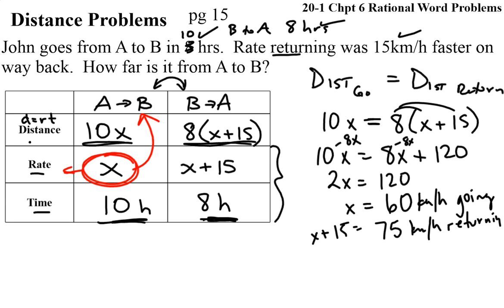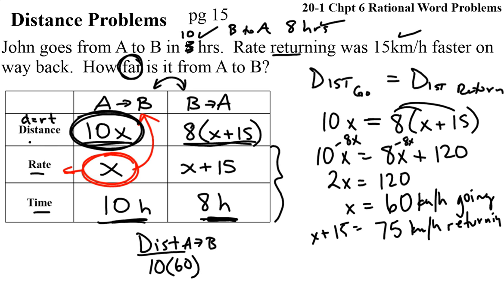Have we answered the question? We have not. The question says, how far is it from A to B? So we want distance. Well, distance from A to B can be described as 10 times x, which we now know is 60. 10 times 60, 600 kilometers.